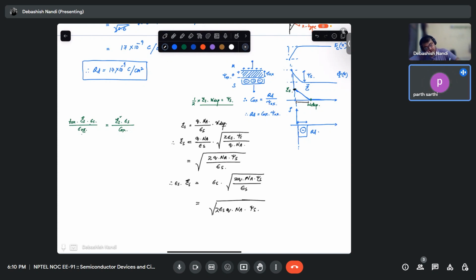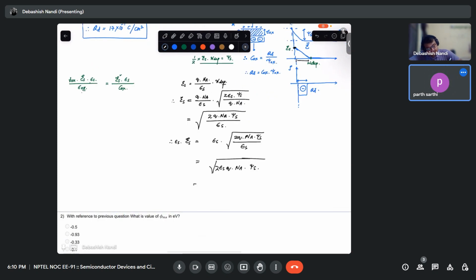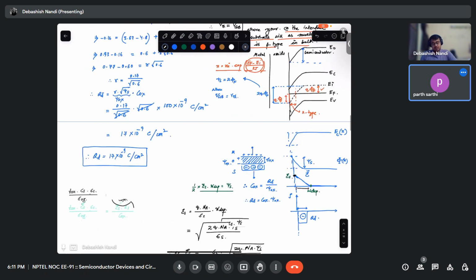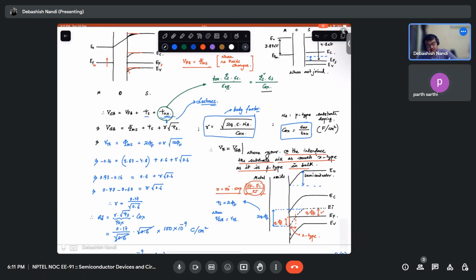Now if I take Cox in the bottom, epsilon s Es over Cox, it will give me root over 2 epsilon s Q Na times root psi s over Cox. This term I am calling gamma. Is it clear now that these are the same thing? Yes, sir.